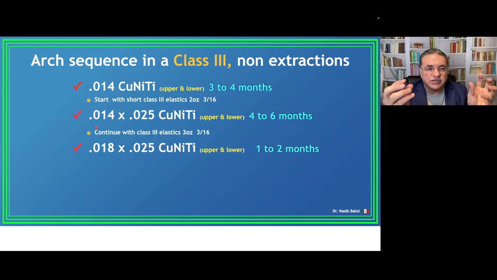I change it to have my root parallelism, to level and align my marginal ridges, and I also check my smile height and smile arc. This is very important. I never move to a heavier wire if I don't have very good bracket positioning.